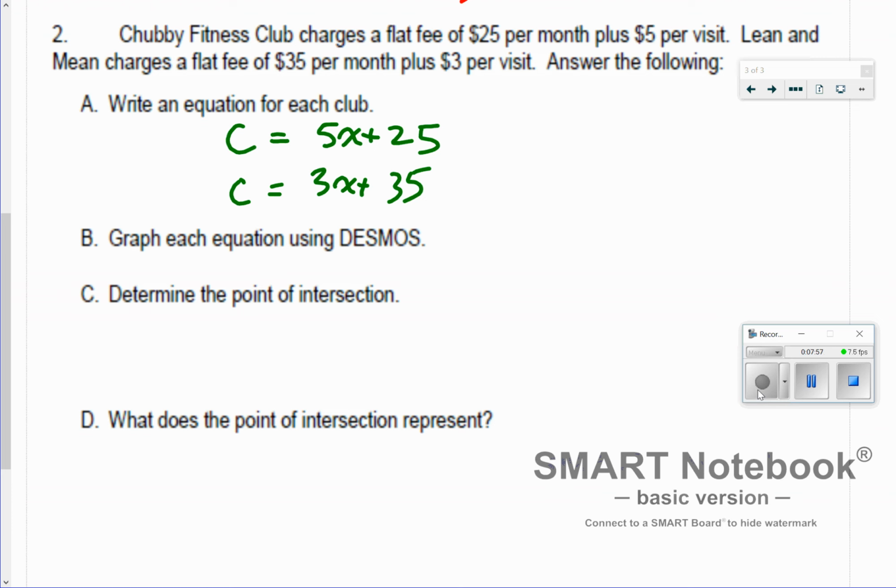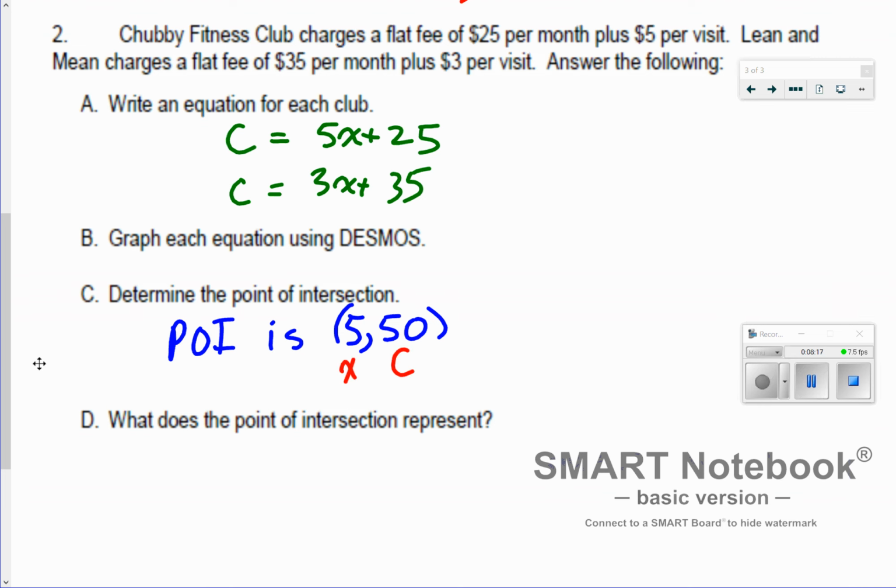Now what we do is we just graph this in Desmos. Graphing it in Desmos will allow us to figure out the point of intersection. In this case, the point of intersection is (5, 50). The 5 is our x and the y is our 50.